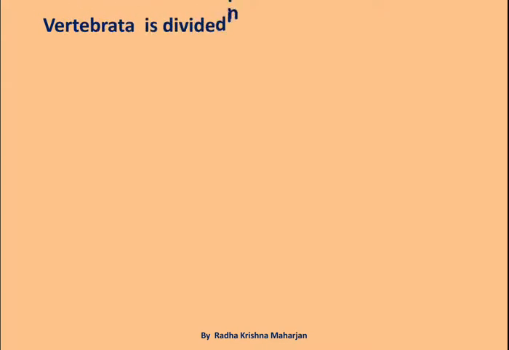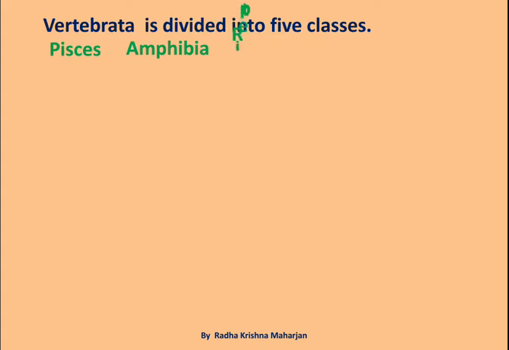Vertebrata is divided into 5 classes: Pisces, Amphibia, Reptilia, Aves, Mammalia. Pisces.